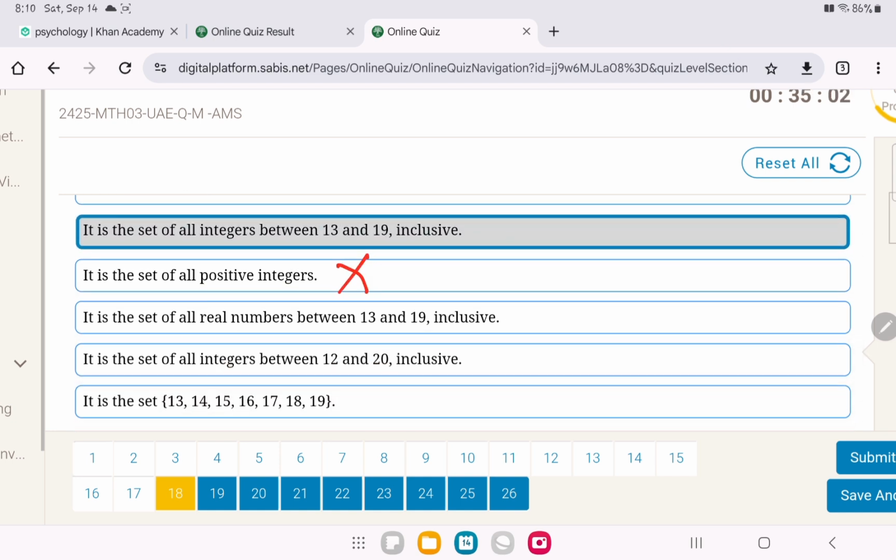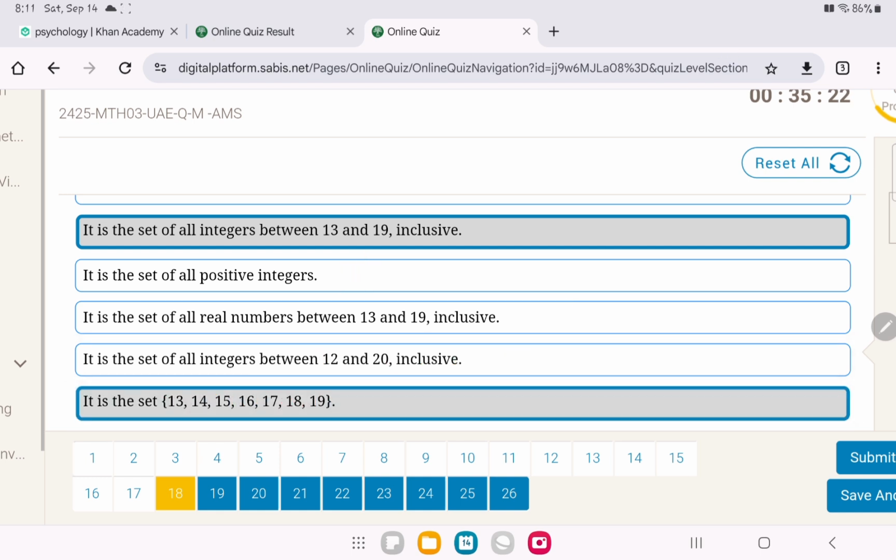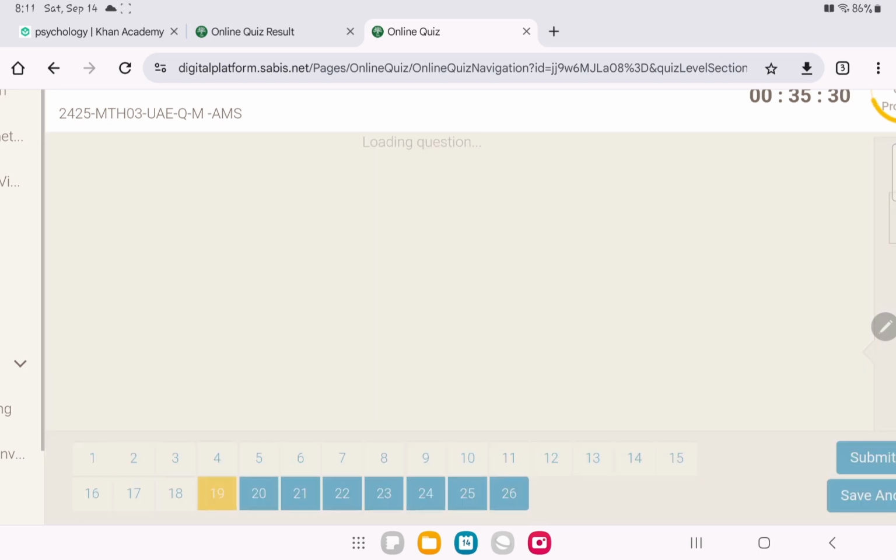It's not the set of all real numbers. And here this one is correct if they removed the inclusive. But here it's the set of all integers between 12 and 20 inclusive, definitely not. Finally, we have 13, 14, 15, 16, 17, 18, and 19. So this is correct. That is for question 18.